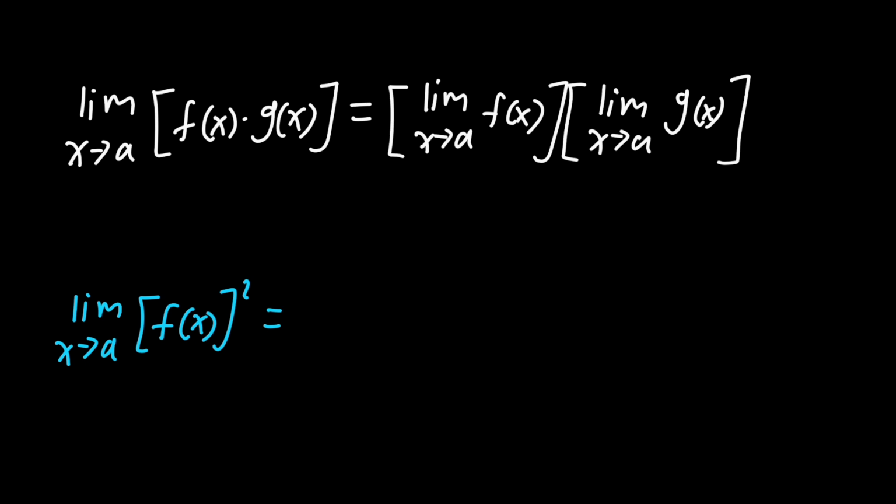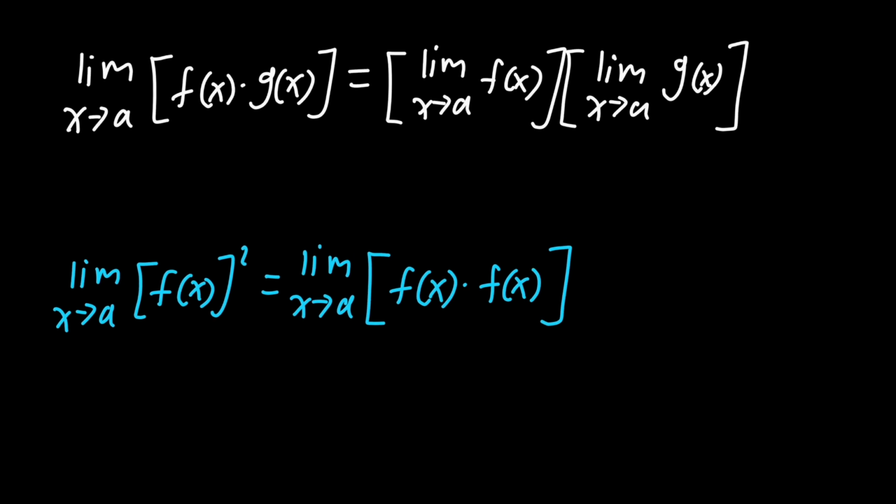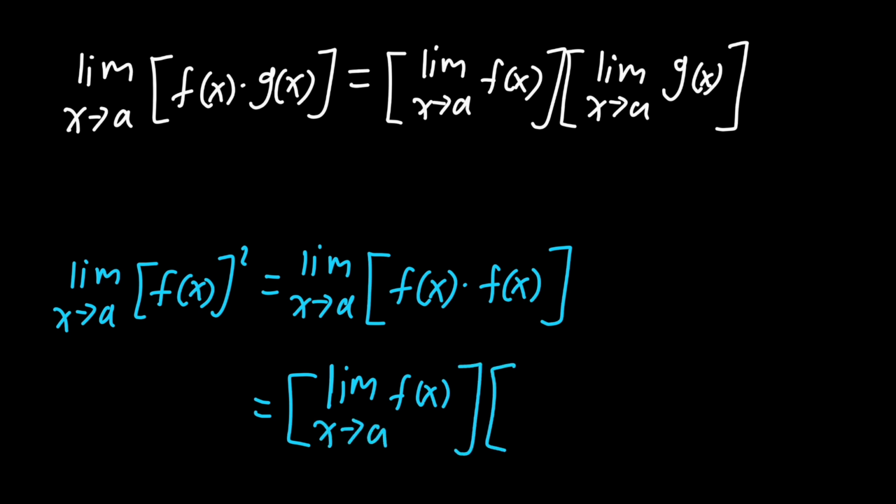We want to manipulate it a bit. Since the power is 2, we can rewrite it as the product of this function: the limit as x approaches a of the function times itself. Is that similar to this rule? Yes, then we can distribute the limit: the limit of this function as x approaches a, times, similarly, the limit.